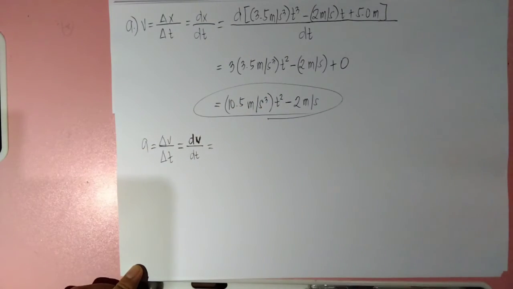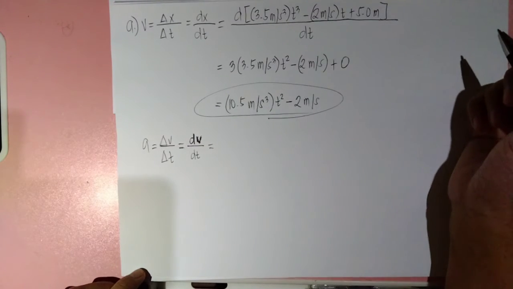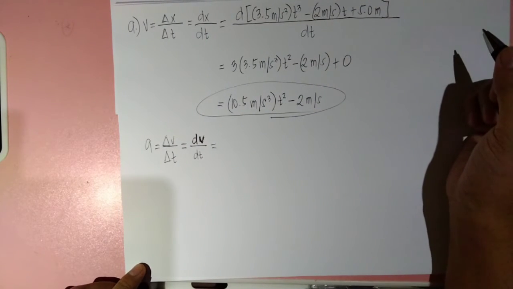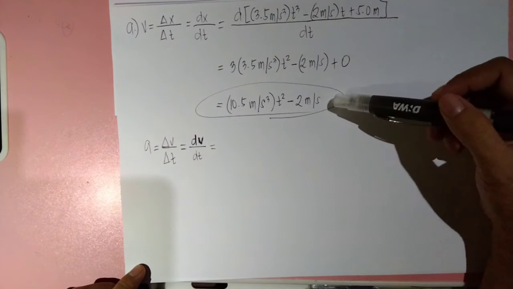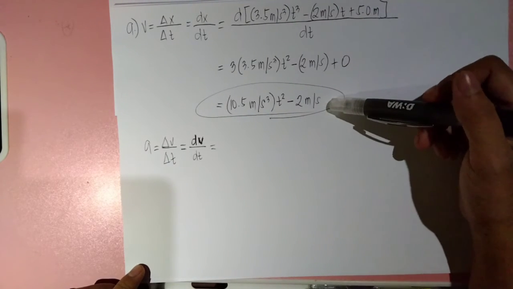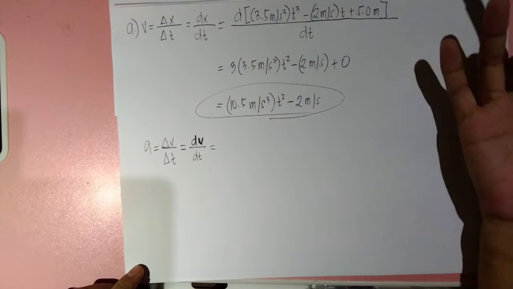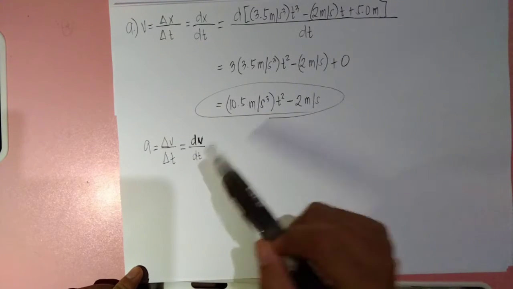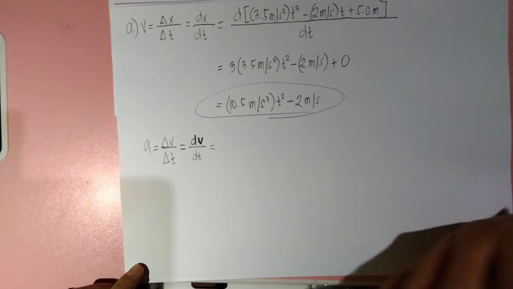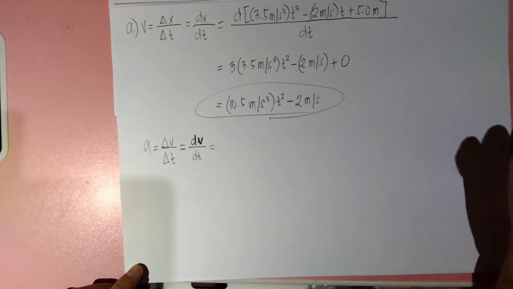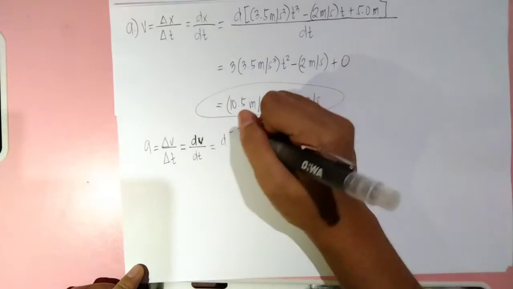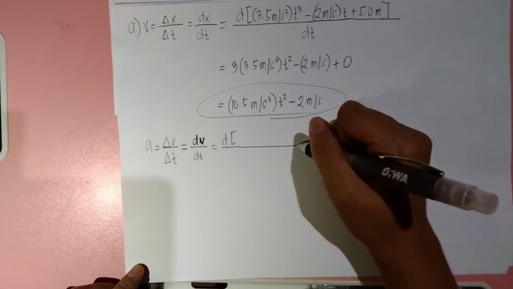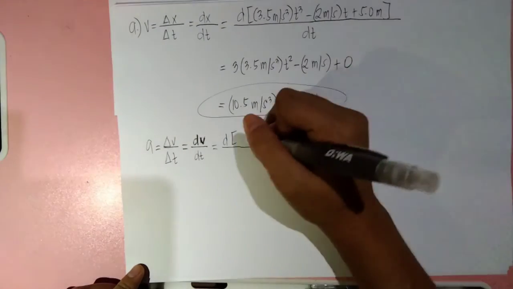Okay. So this equation that we have right here is not only useful for the calculation of letter B, but is also useful in getting the equation for acceleration, because we are going to substitute that value in this V right here.